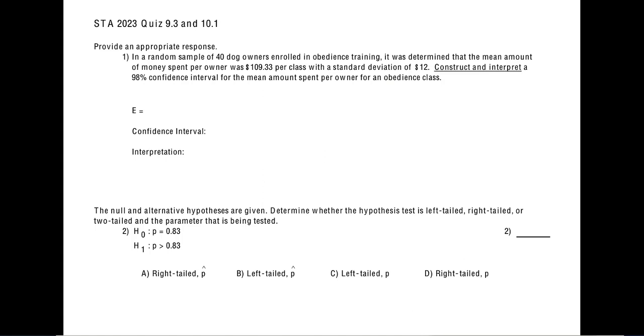First thing I'm going to do is go ahead and label everything that I know. I know 40 is my sample size, so that's my n. The mean amount based on the sample is my x bar, and my standard deviation is my s, because they're based on that sample.